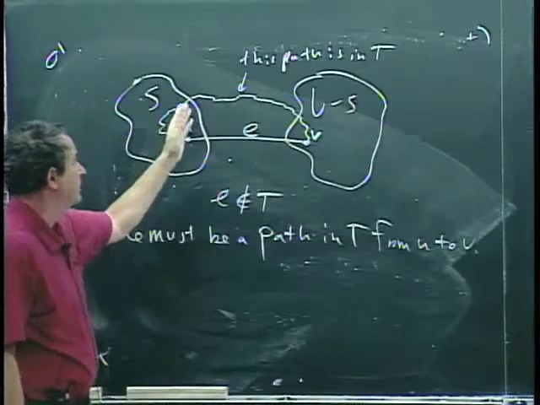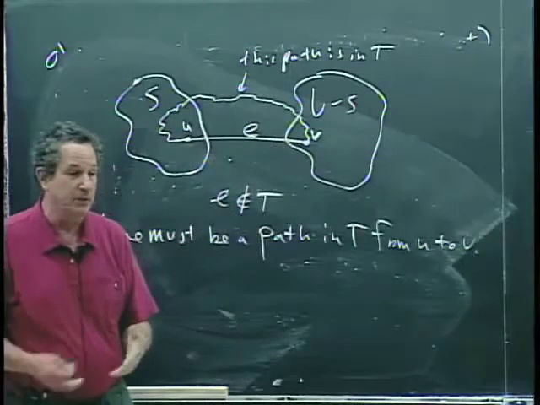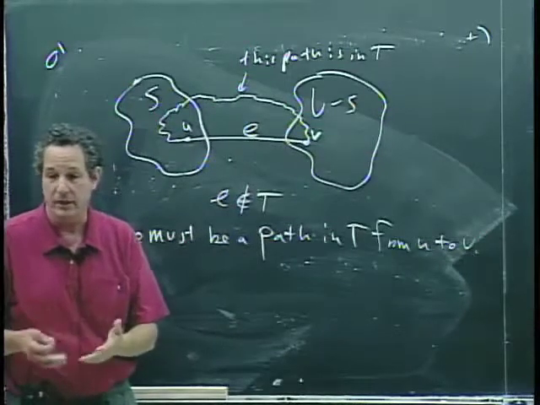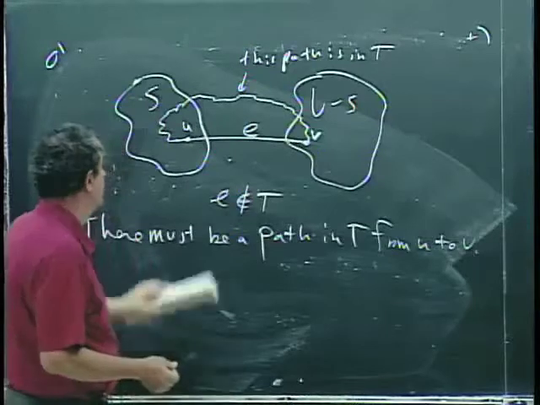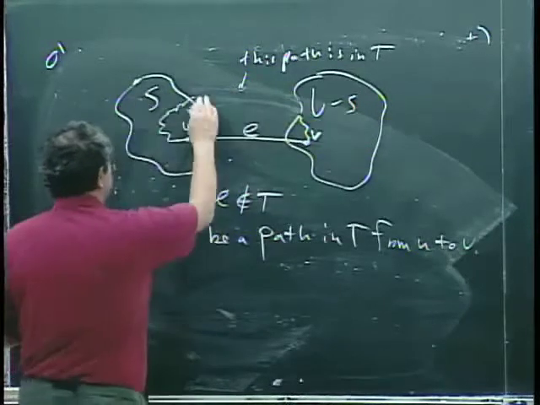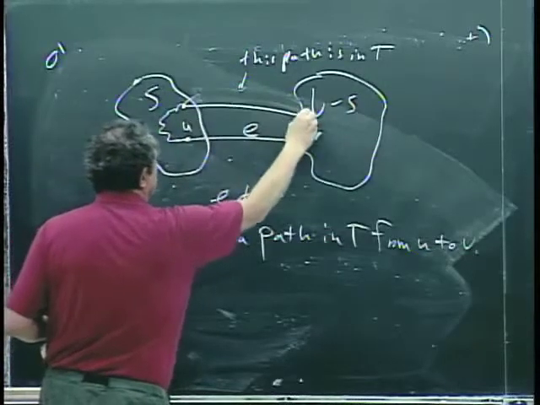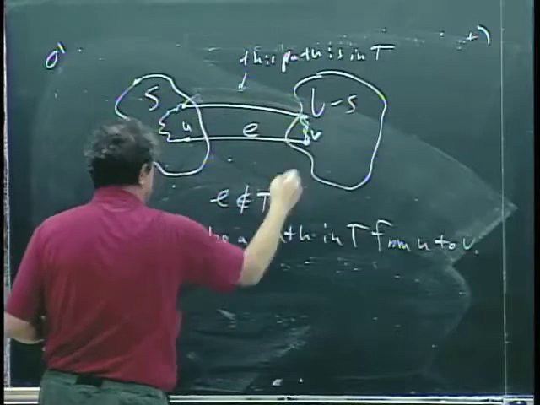And so where's the next node? If it's not in S, it's in V minus S, because S and V minus S together make everything. So there has to be some edge in that path that goes from a node in S to a node in V minus S.